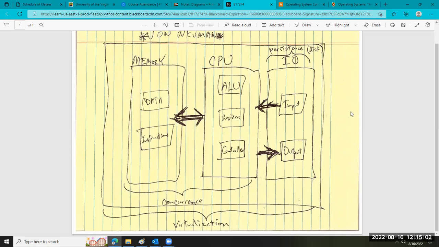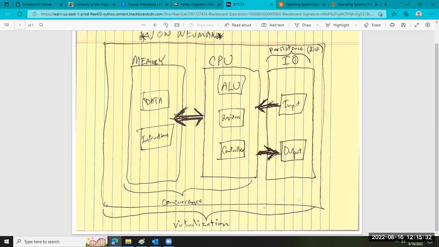This is a point of confusion for students as they're learning about operating system principles: there's this idea about roles of an operating system versus its primary functions. And among the primary functions of an operating system, in order for it to serve as the middle layer or universal translator, it has to be able to virtualize hardware components.